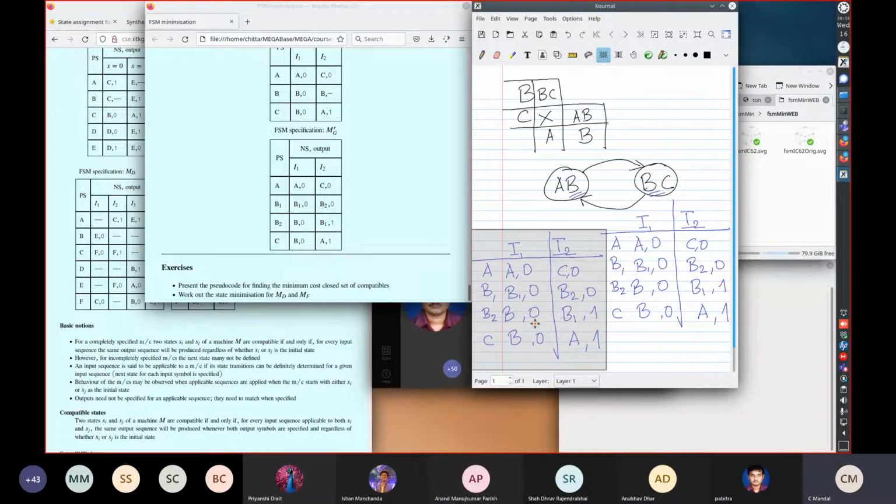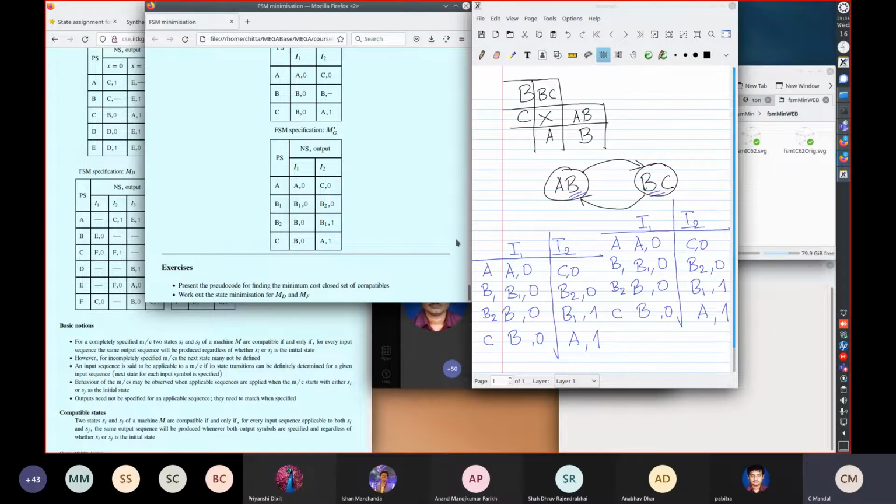I hope you understand this. So we have split B into B1 and B2.